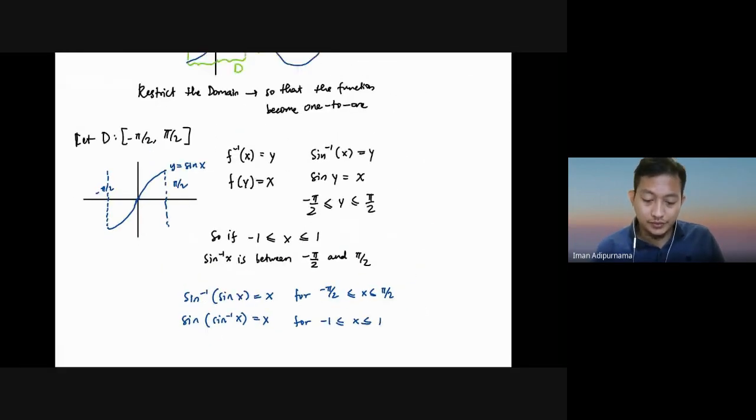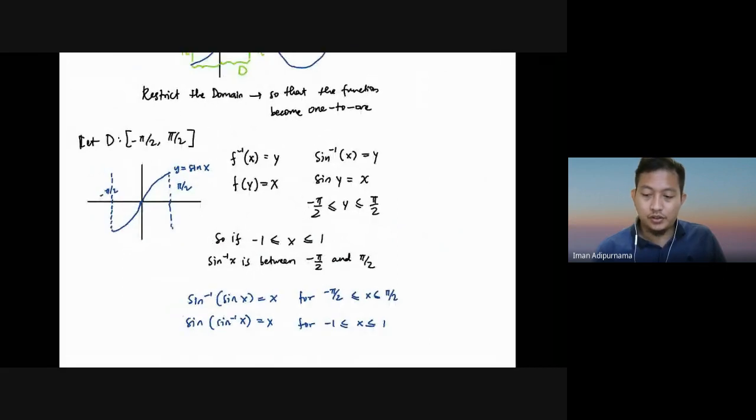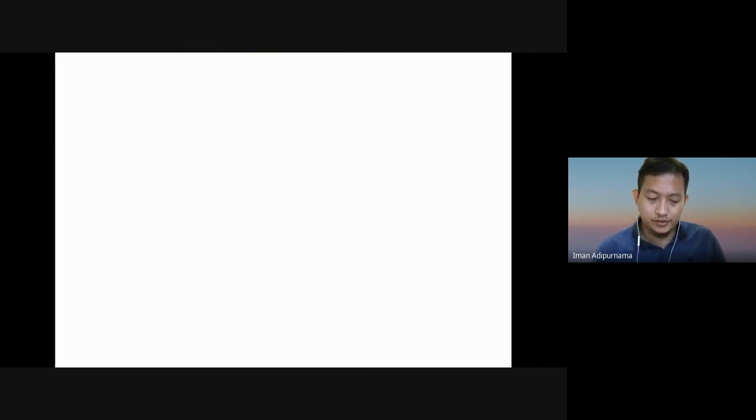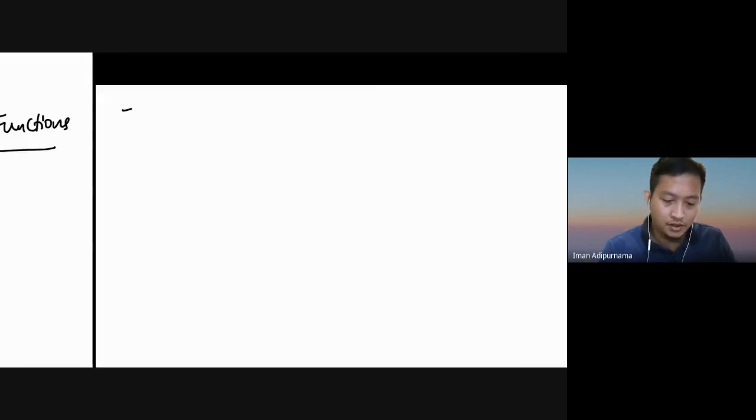That's for sine. For the cosine, it's actually similar, but because in cosine we have movement for the angle around pi over 2, right?